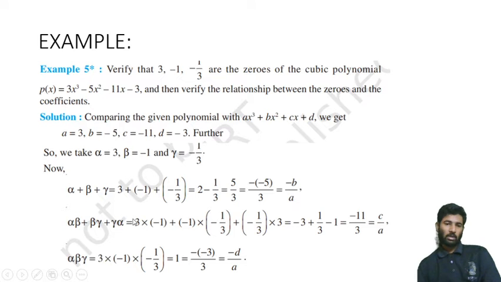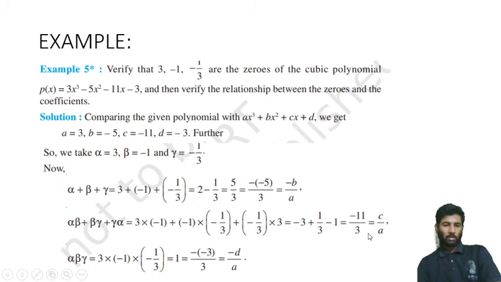Again, alpha beta plus beta gamma plus gamma alpha, by putting the values here, we get the answer minus 11 by 3. So if you see c by a, c is minus 11 and a is 3, that is minus 11 by 3.